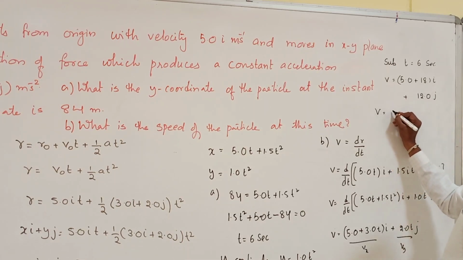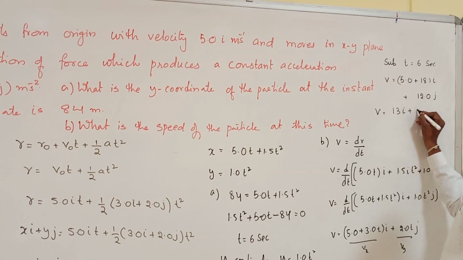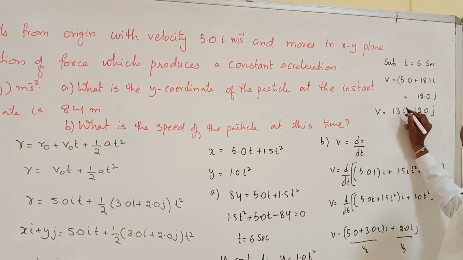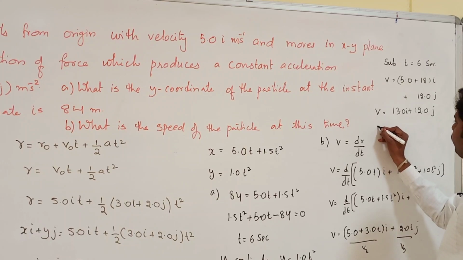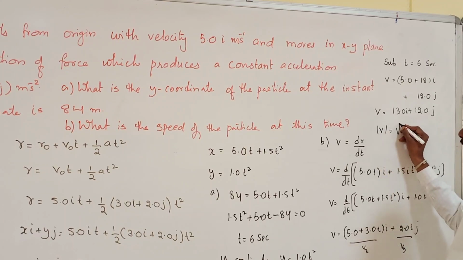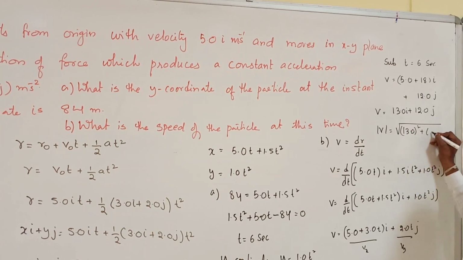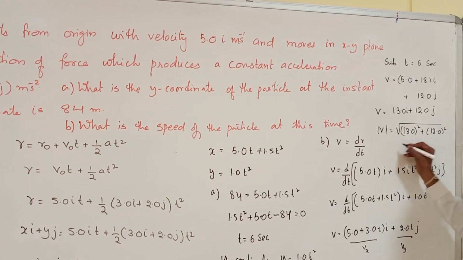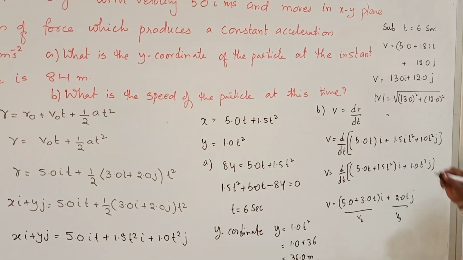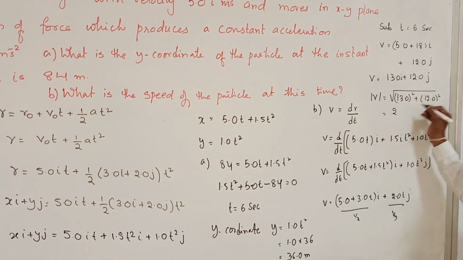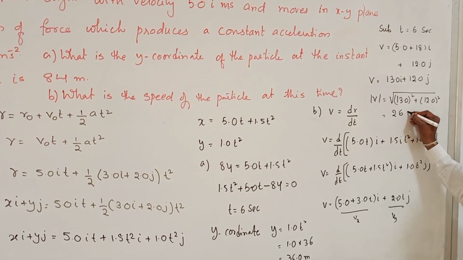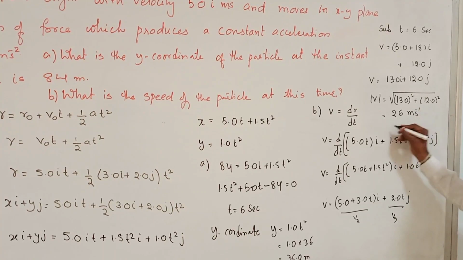So V is equal to 23 i plus 12.0 j. So mod of V is equal to under root of 23 square plus 12.0 square. After calculating, you will get 26 meters per second.